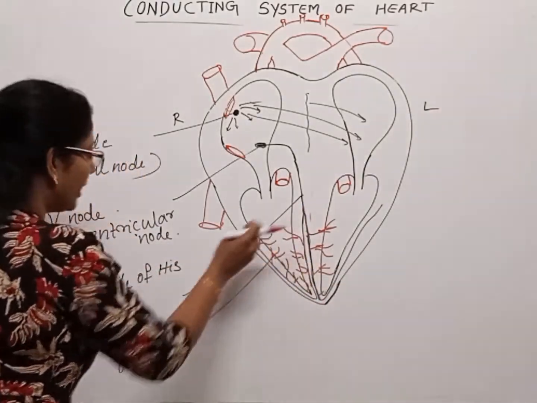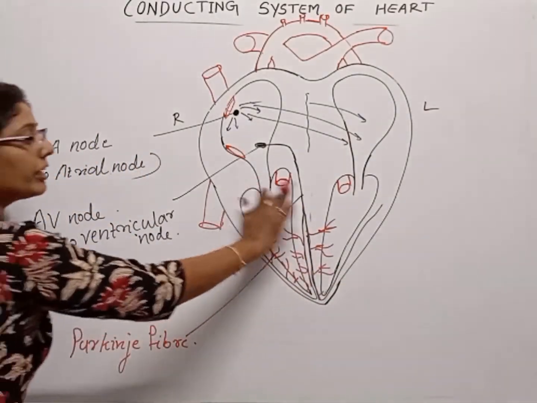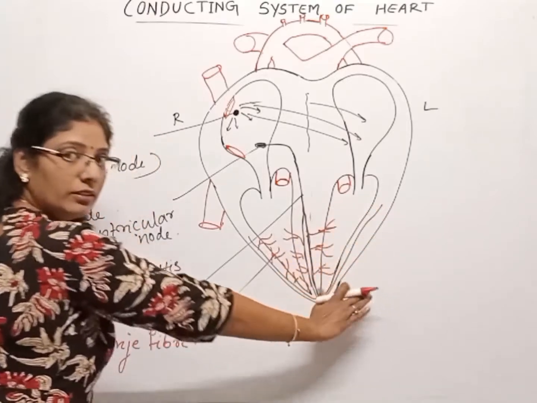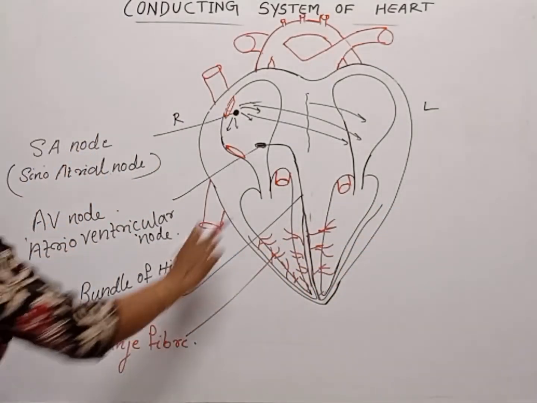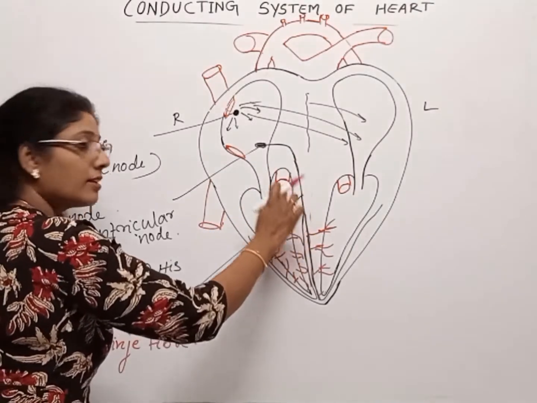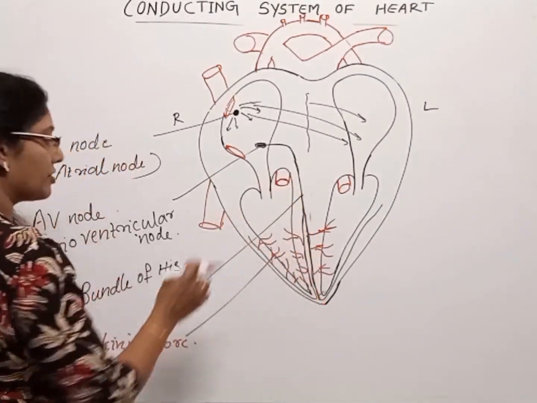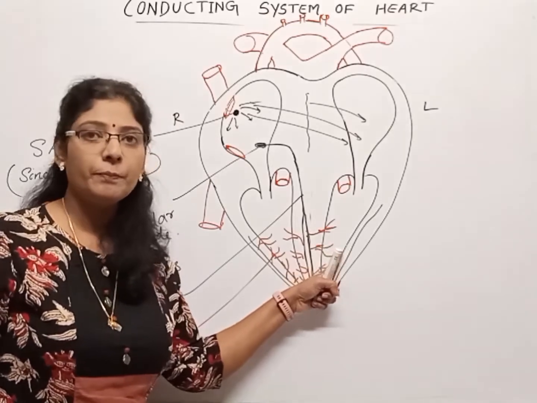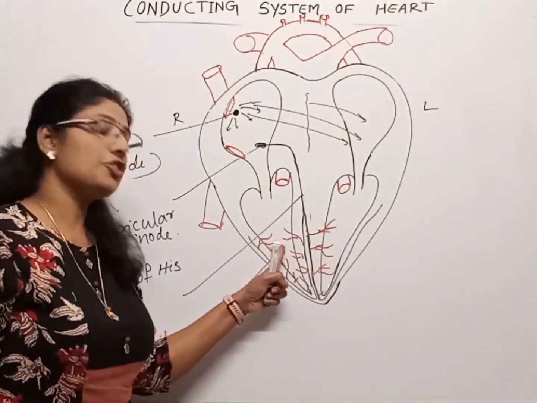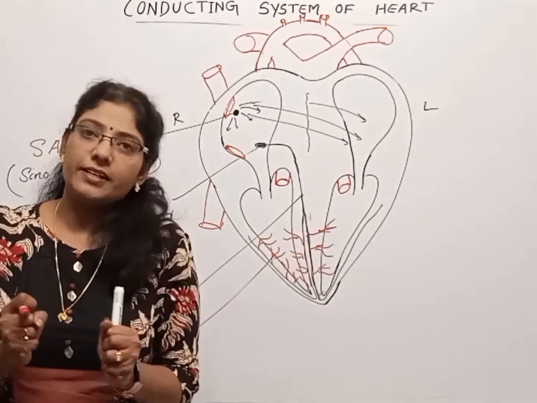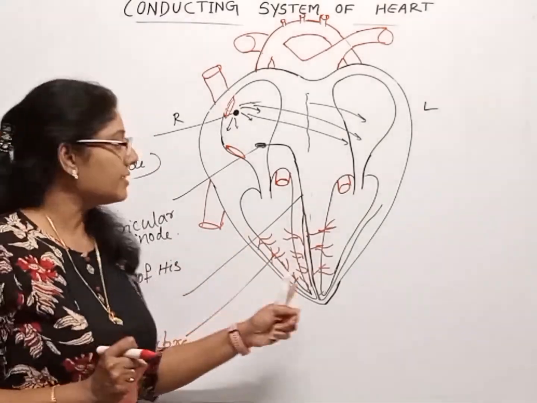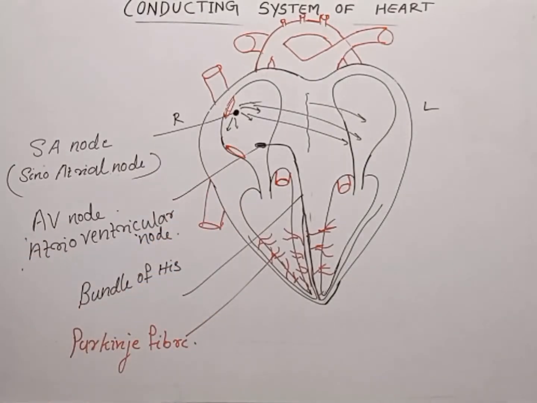It again divides into a network and covers the entire ventricle. This is called the Purkinje fiber. From the bundle of His, the wave of contraction transmits to the Purkinje fiber, and from the Purkinje fiber it transmits to the ventricular wall and causes the contraction of the ventricle. In such a way, the conducting system will work.